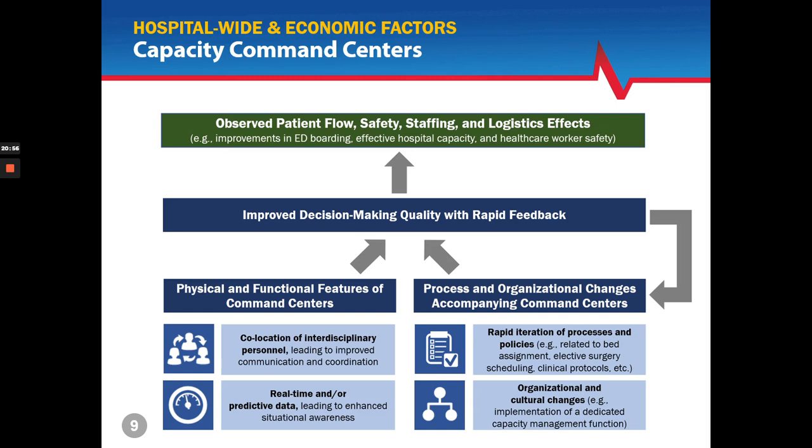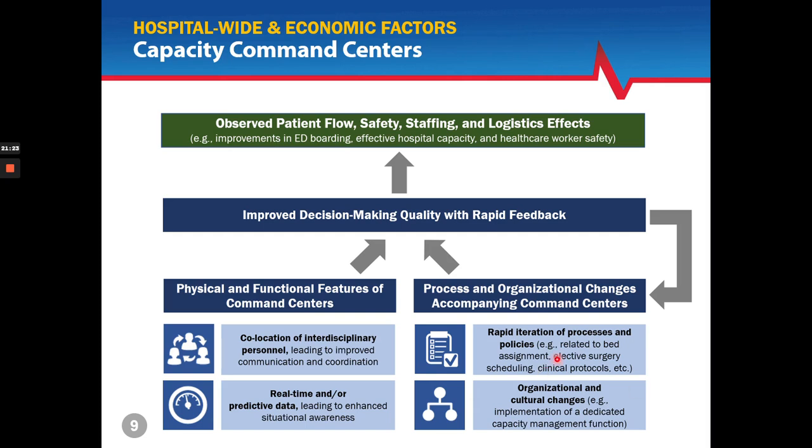So what's the proposed mechanism behind how these capacity command centers work? Well, as we discussed, putting interdisciplinary teams together with real-time data instead of having them siloed is thought to improve decision-making speed and quality. And on the right side of the chart, you can see that in connection with actually getting the people and data together, which can be a massive undertaking in itself, health systems might also make other supporting changes.